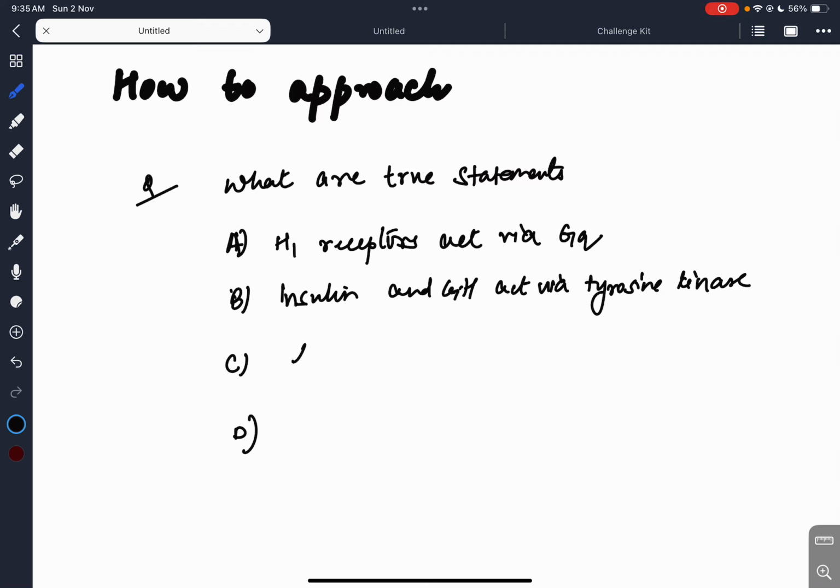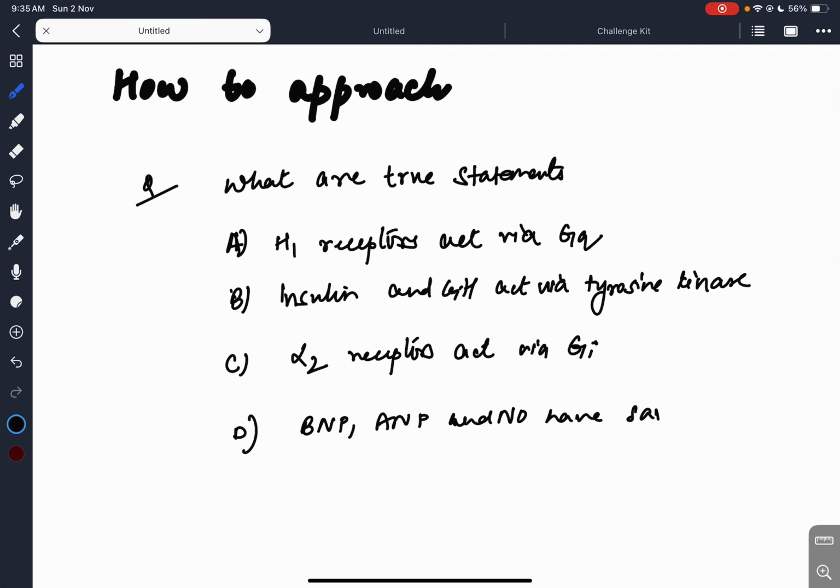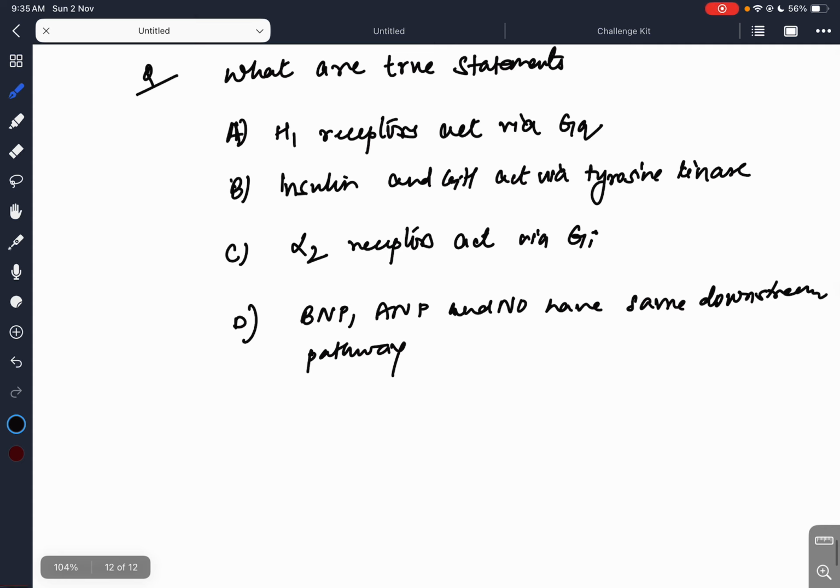Then the third option is: alpha 2 receptors act via GI subunit. And: BNP, ANP and nitric oxide have same downstream pathway.